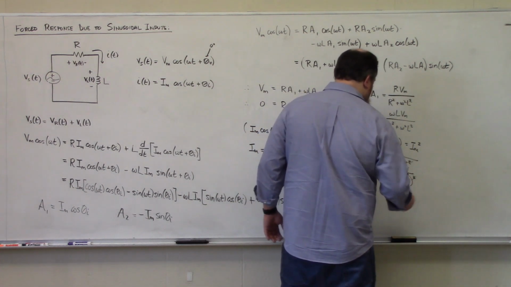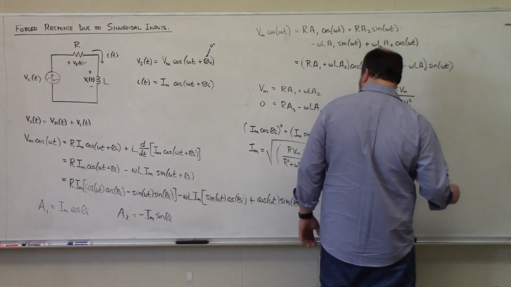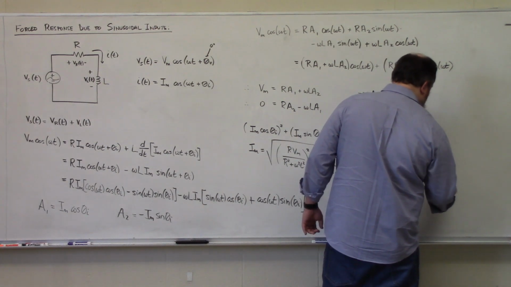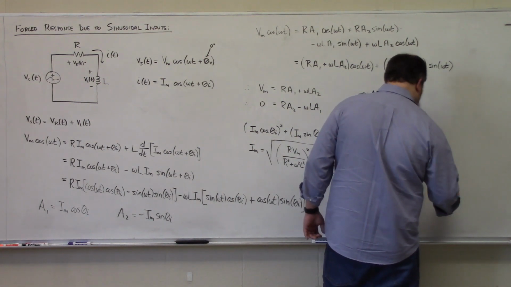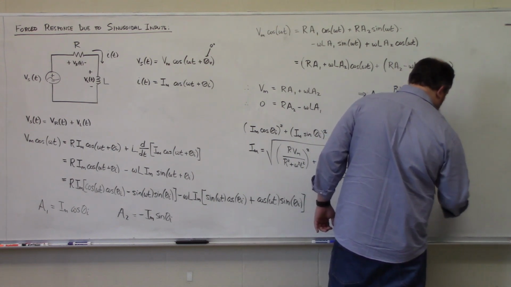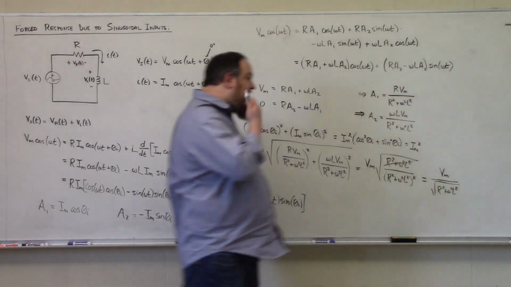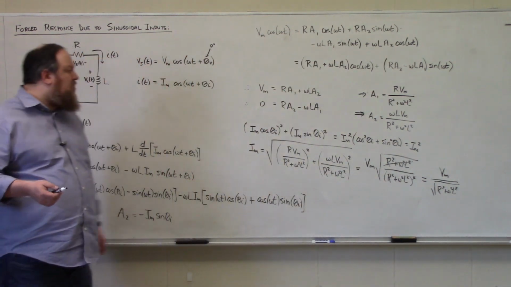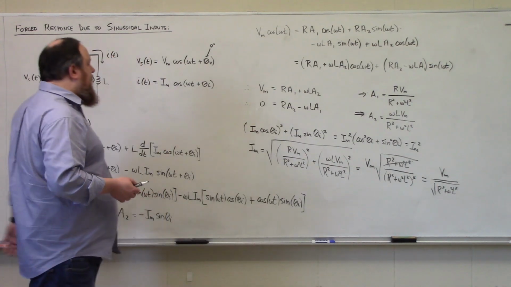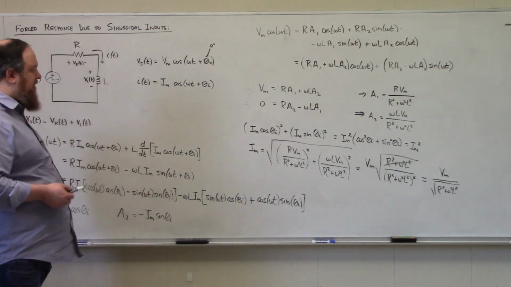Well, this cancels that, and we are left with the magnitude Im simply Vm divided by the square root of R squared plus omega squared L squared. So we have developed a mathematical relationship that gives us our magnitude in terms of our parameters.